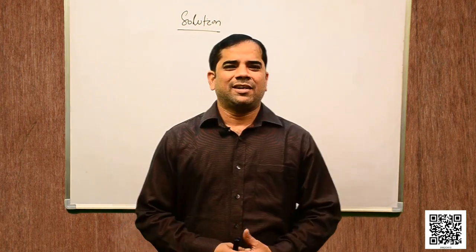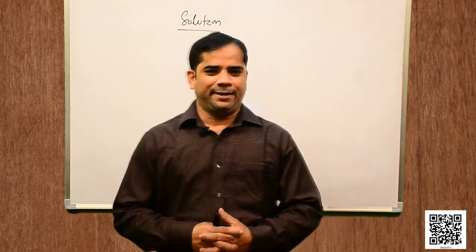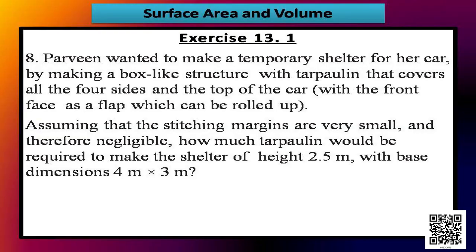Students, let us now solve question number 8. It says, Parveen wanted to make a temporary shelter for her car by making a box-like structure with tarpaulin that covers all the four sides and the top of the car, with the front face as a flap which can be rolled up.